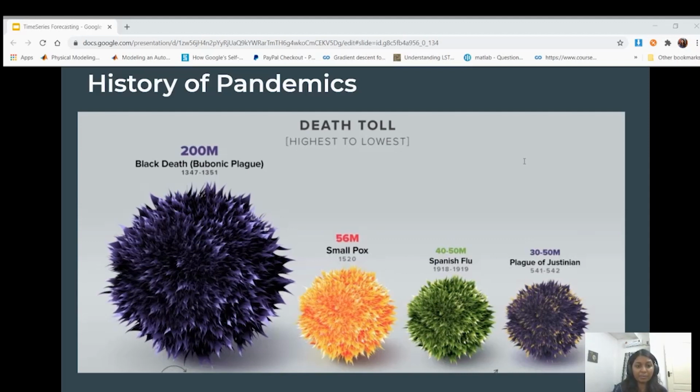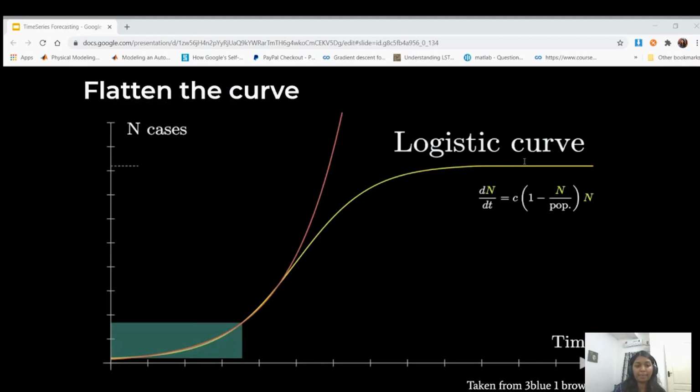During the bubonic plague, 200 million deaths occurred. Smallpox was also considered a pandemic before its vaccine was discovered. And Spanish flu killed about 50 million people. So we can say pandemics have been continuously coming in human history.